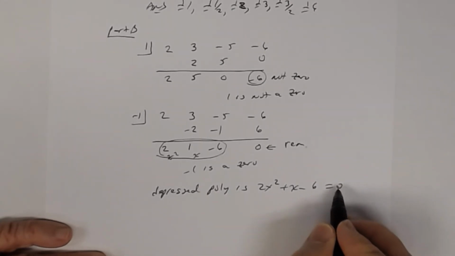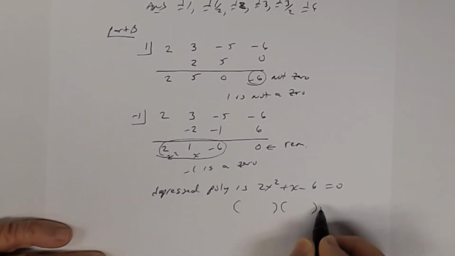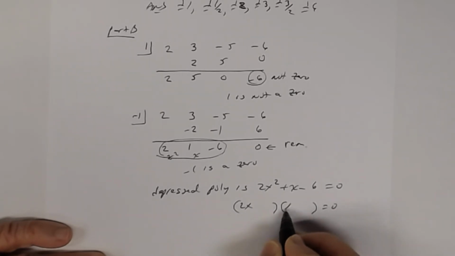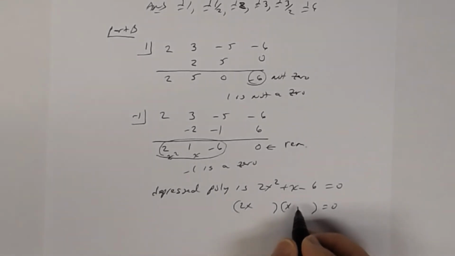So I'm going to set that equal to 0, and then I'm going to factor. When I factor, I get (2x)(x), and let's try, see that's a negative 6, let's make this 3 and this 2 and see what happens. So let's make this plus and this minus, and that should work.